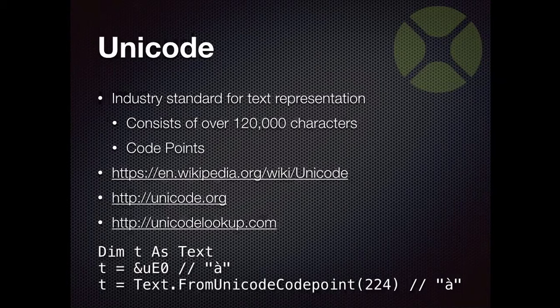If you have the decimal value, you can also call the FromUnicodeCodepoint method on the text type and just pass that in. In both cases, you get the A with the accent on it. So that's how you can use code points should you want to. Again, you may never even need to touch these things, but this is just background for how they would work.